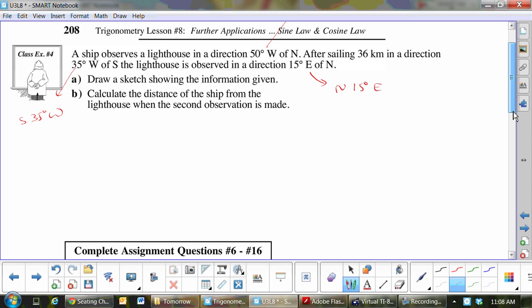The lighthouse is observed in a direction 15 east of north. Now sketch the information, okay? So what we have is a ship sees a lighthouse over there. Does a little sailing, now sees a lighthouse over there. It wants to know how far is the lighthouse at the second observation. Okay? So this is all surveying stuff, right? And that's all this is.